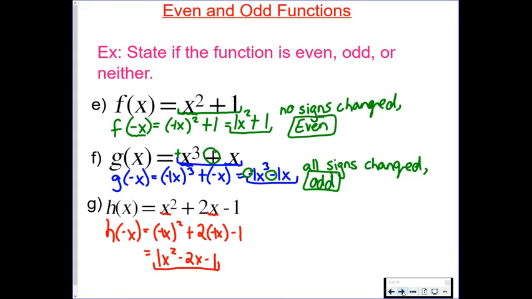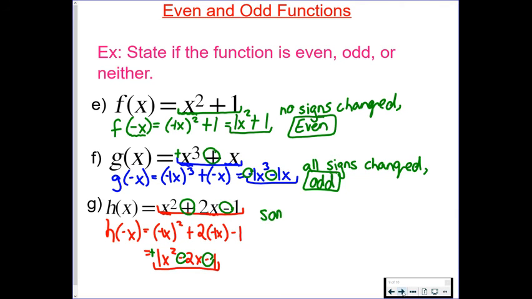Now we compare our two equations. What do you notice about the two equations? Right, some signs changed and some didn't. This one stayed positive. This one changed. And that one stayed the same. So because some changed and some didn't, this one is a neither.